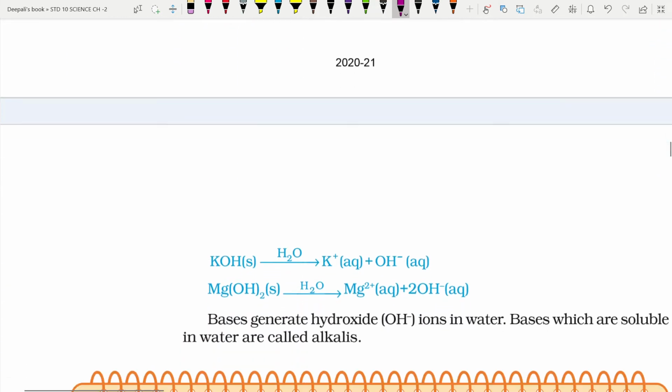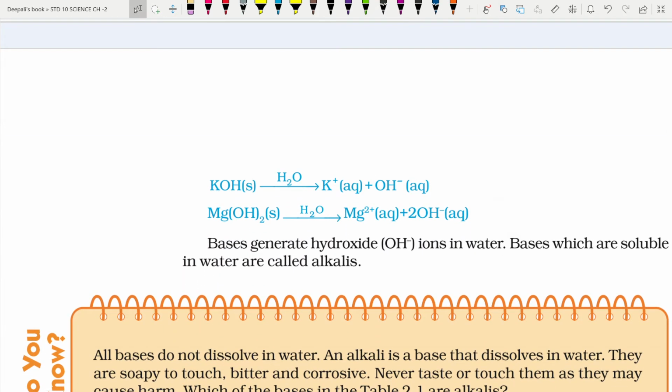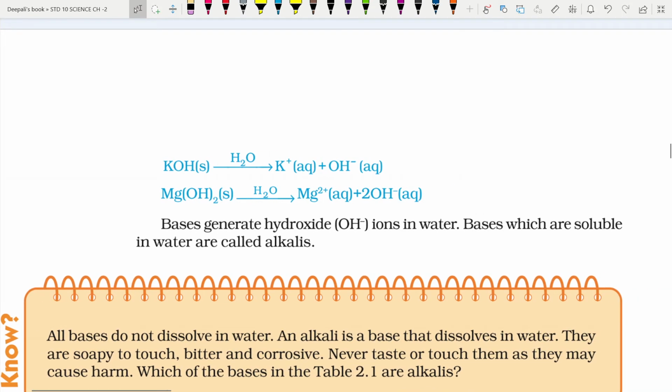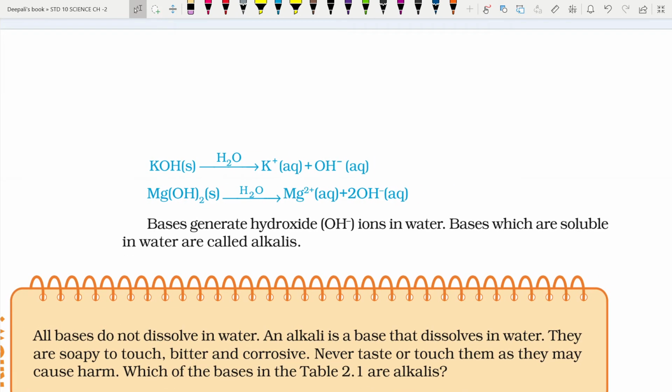Now you can see that bases generate OH minus ion in water, and bases that are soluble in water are called alkalis.